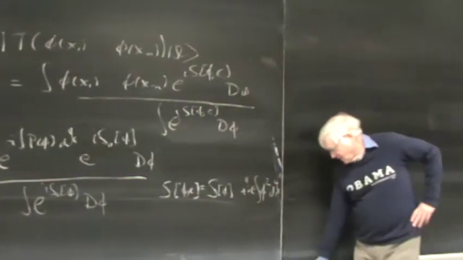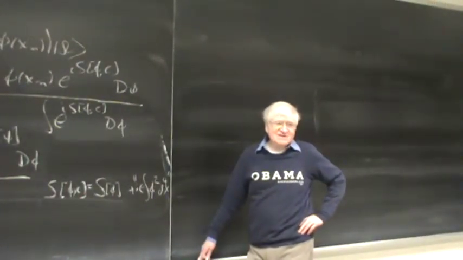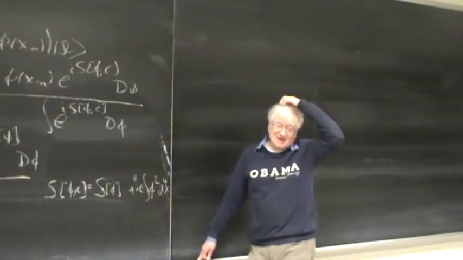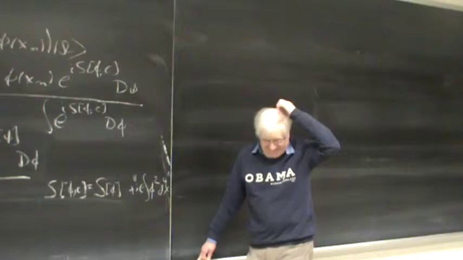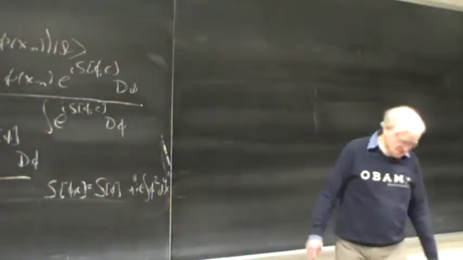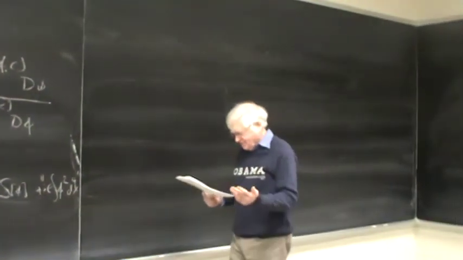And these constraints caused a sort of mental crisis in physics, and as usual, most mental crises were solved by Dirac. And this Dirac solution is the Dirac brackets. I'm not going to go through this.